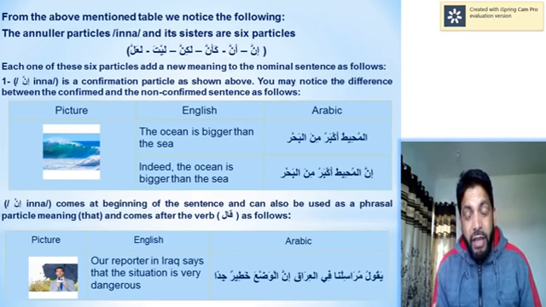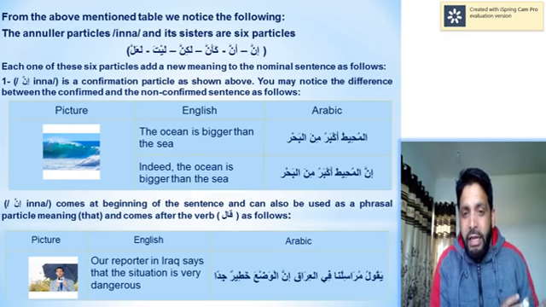As I told you, there are some certain verbs, when they come in a sentence. And after that, when we have to use inna, and it's any of in or inna, not the sisters, only inna, in that case we put kasra on the hamza.